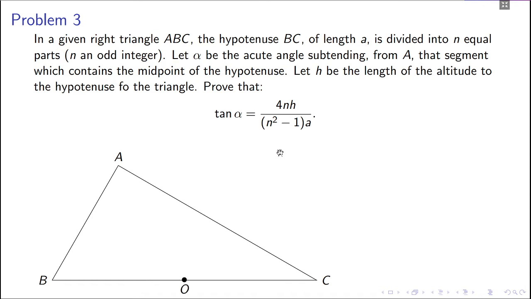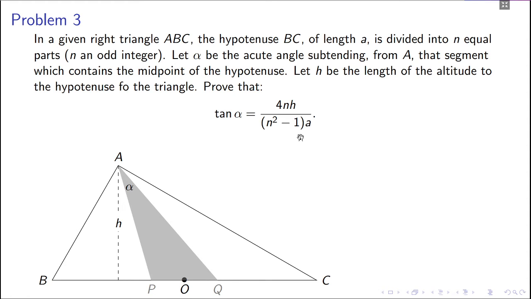So if the midpoint is O and PQ is the segment which contains this midpoint, then the angle that PQ subtends here is alpha. And h is the altitude to the hypotenuse. Then it's asking you to prove this relation.